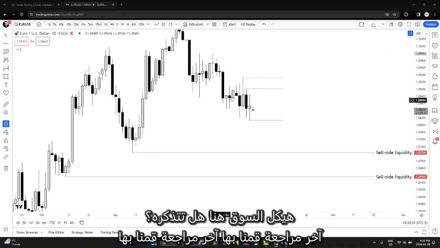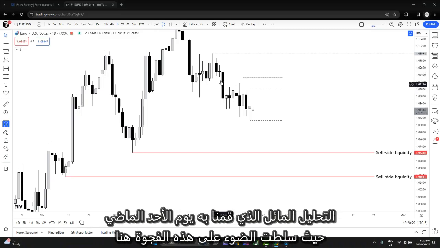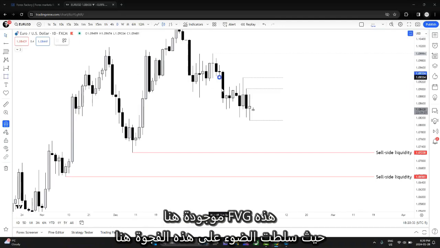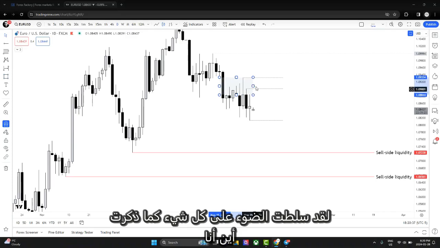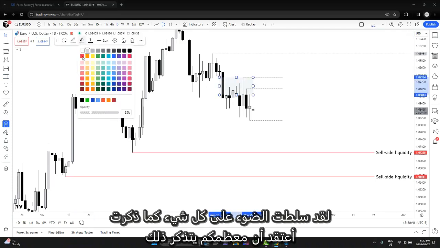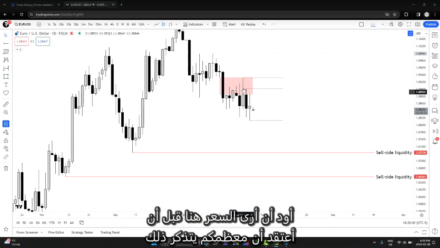Do you remember the last review analysis that we did last Sunday, where I highlighted this fair value gap right here? I stated, most of you guys remember, I think, I would like to see price go in here before I do something, right?